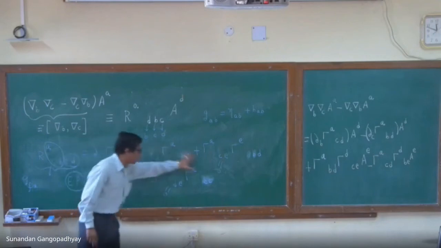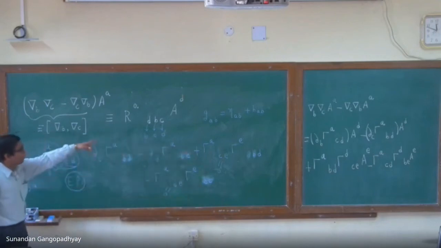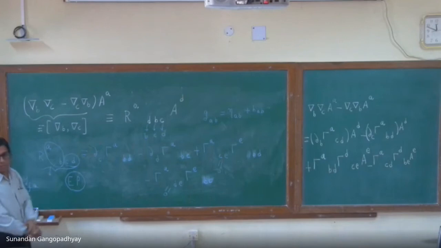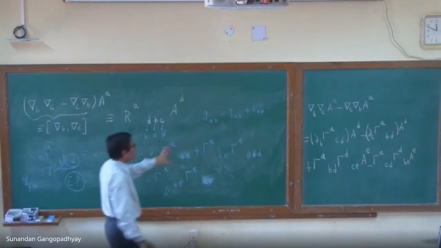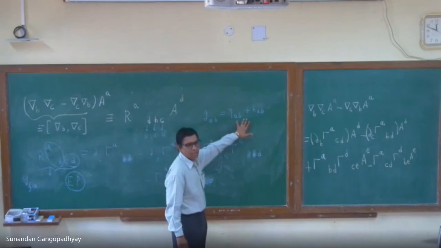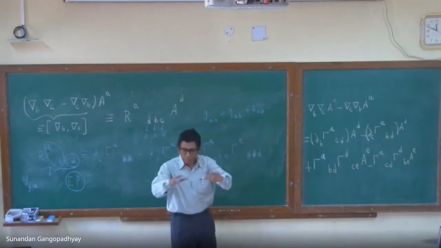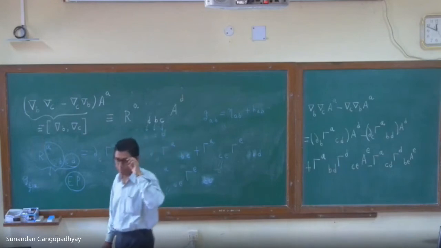Whatever we get from this analysis, we will get the same results using that form also. It basically tells you that only at that point the metric can be replaced by eta_ab, and these are the fluctuations around that point, h_ab, which are small.